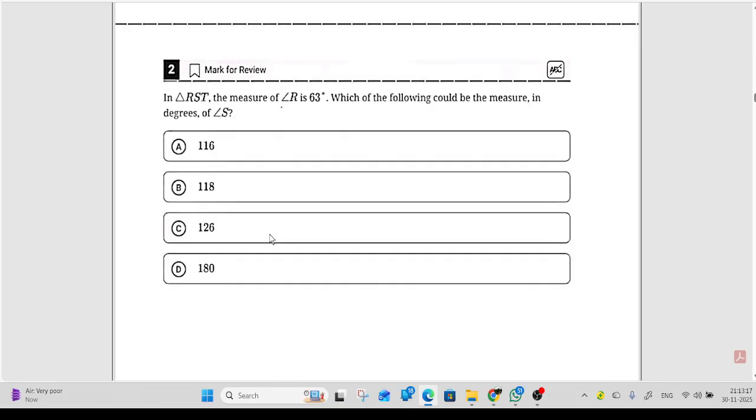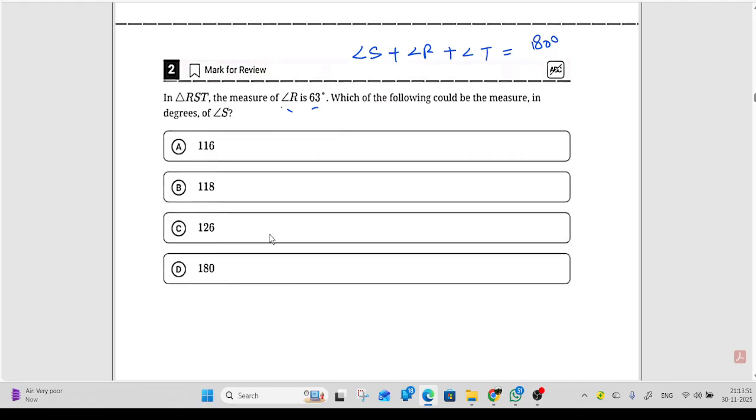So this is our next question. In a triangle RST, the measure of angle R is given. Which of the following could be the measure in degrees of angle S? So we know that the sum of the measures of the internal angles of a triangle is always 180. So angle S, angle R and angle T is going to be 180 degrees.